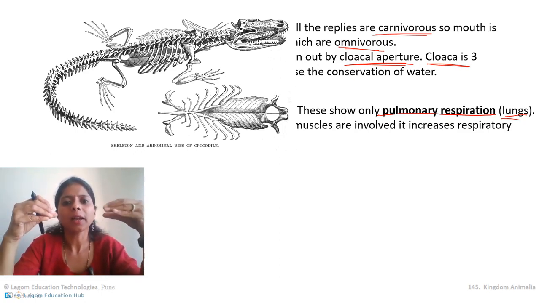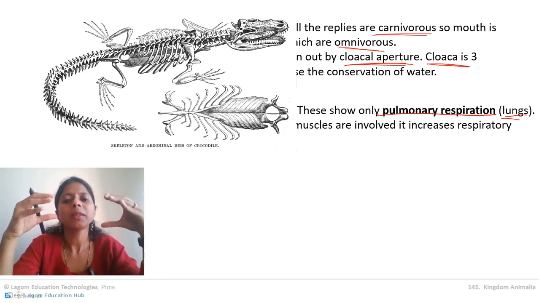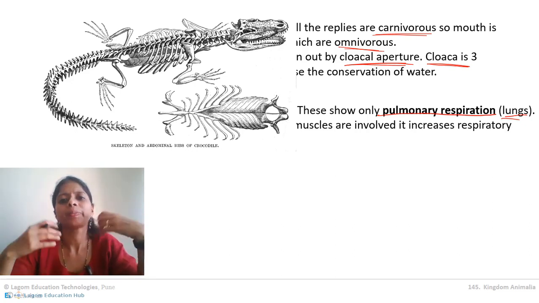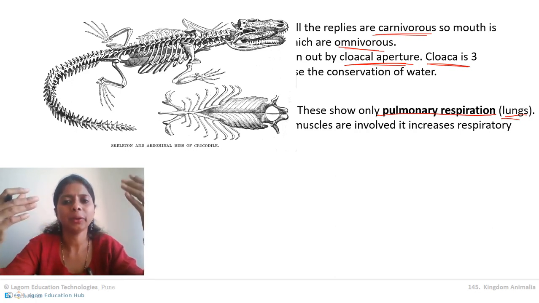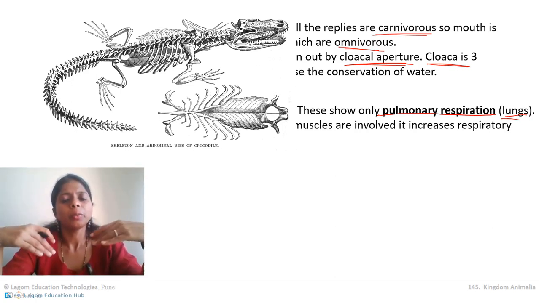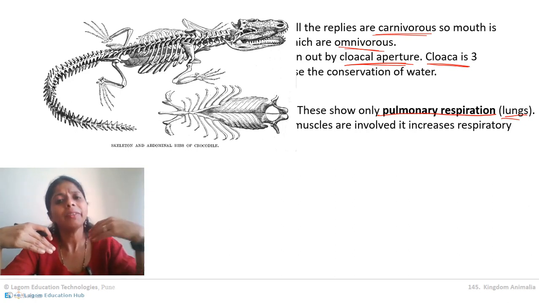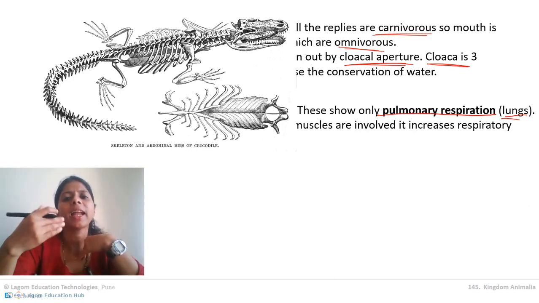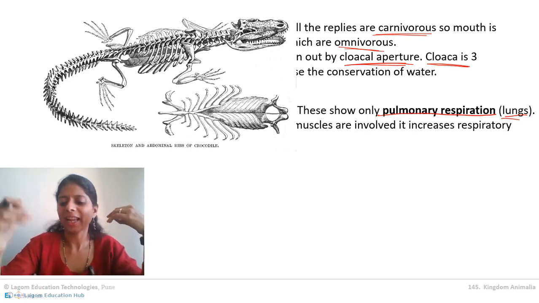And these ribs are provided with intercostal muscles. So these muscles and ribs can move, okay, and this allows more air to come in and breathe in. Because of the movement of ribs and intercostal muscles, they can breathe in more air. Even we have intercostal muscles and ribs, so we can breathe in more air than other animals.